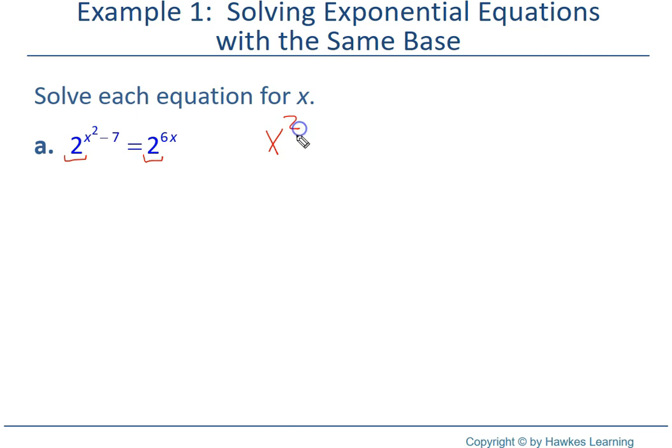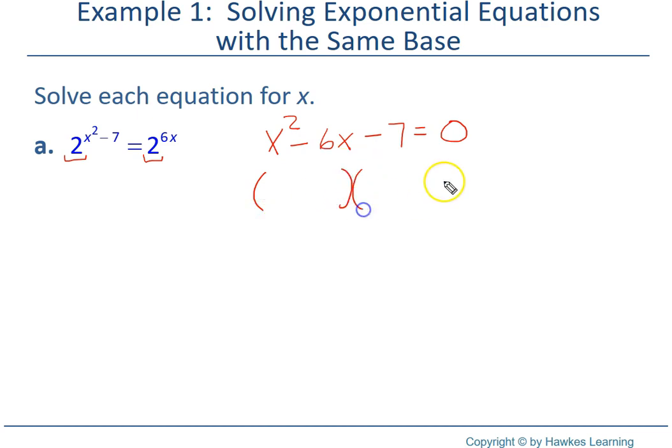X squared, and I'm going to transpose this to the other side, where it becomes a negative 6x, and this is minus 7, and we're going to equal that to 0. So I took a little shortcut here. I should have just this equals 6x, but I've transposed that 6x to this side so I can put it in standard form.